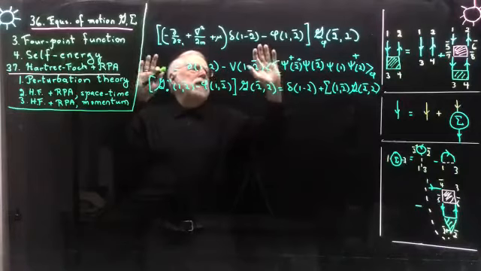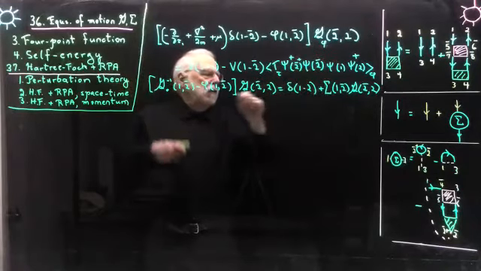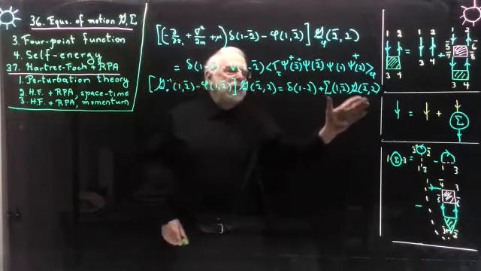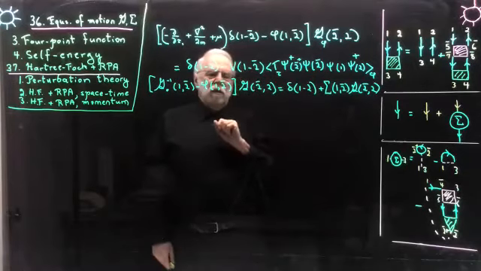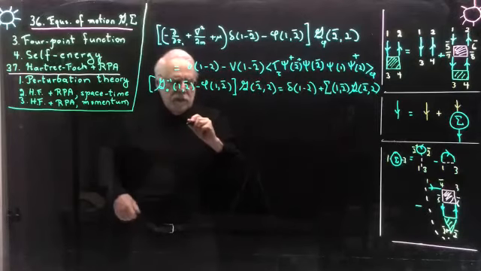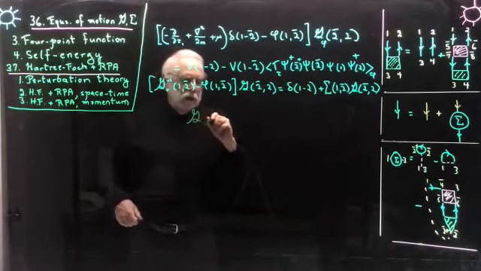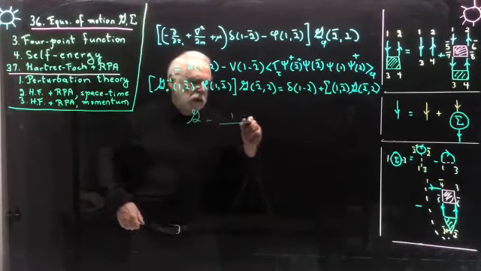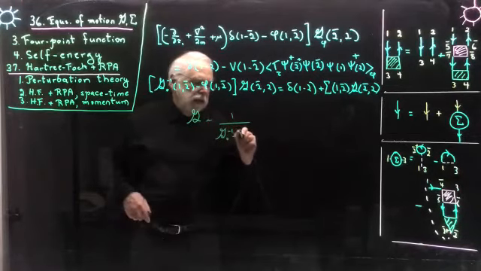And then when we just stare at this equation, we see that we have the definition of sigma now. Because from general principles, we know that G has the structure of 1 over G0 minus 1 minus sigma, right?